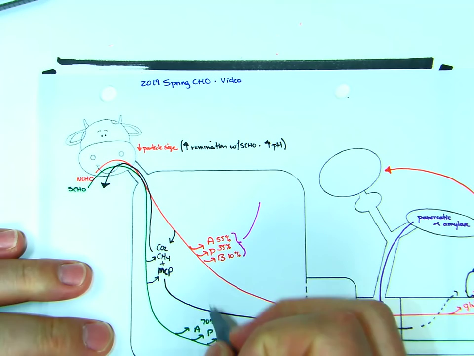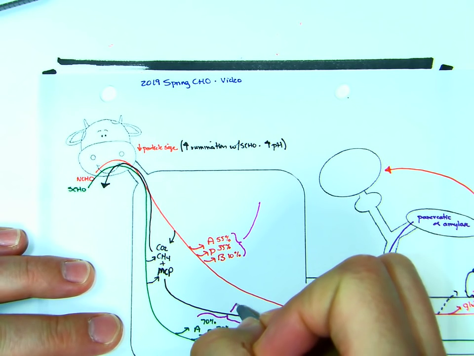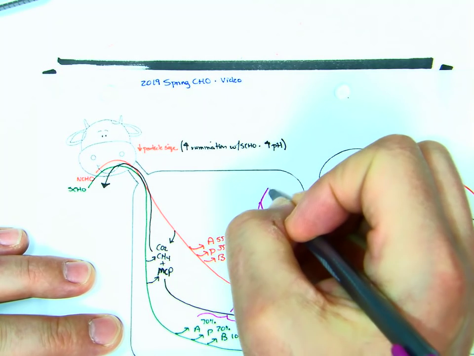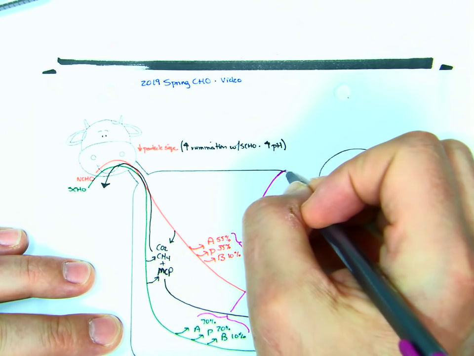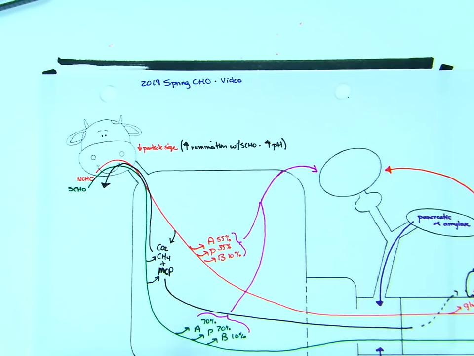These are going to get absorbed, and they're going to go to the liver. So acetate, propionate, and butyrate from structural and non-structural carbohydrates are absorbed and go to the liver. Again, remember, butyrate is going to be used by the epithelial tissue to make the papillae grow.